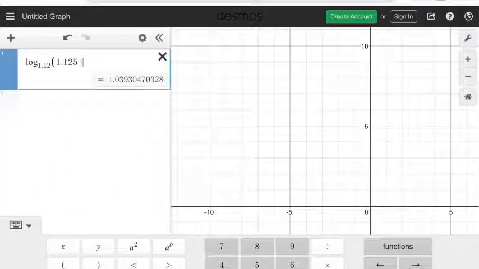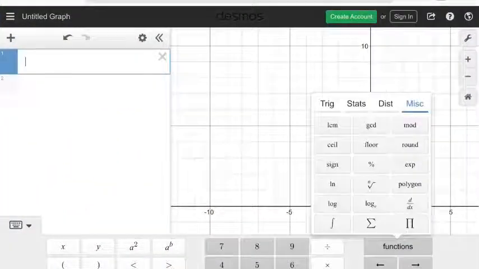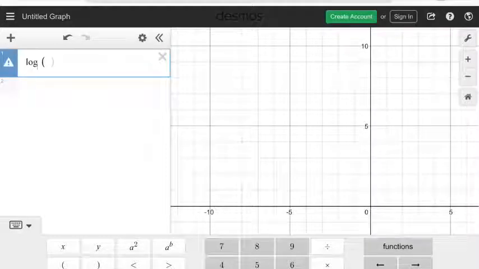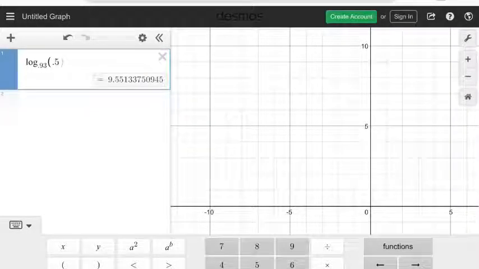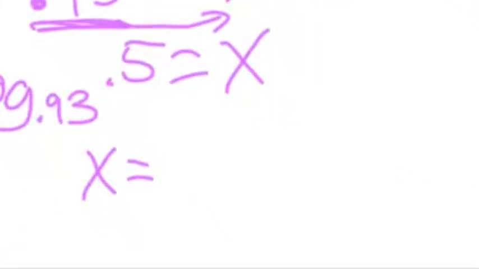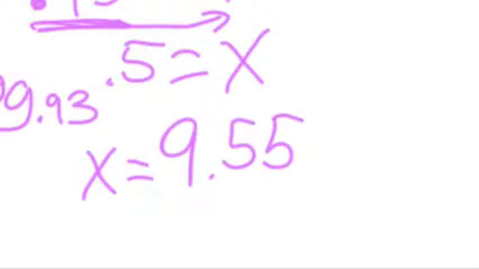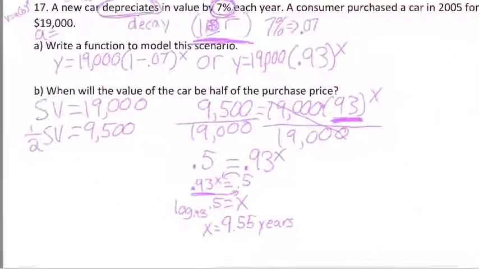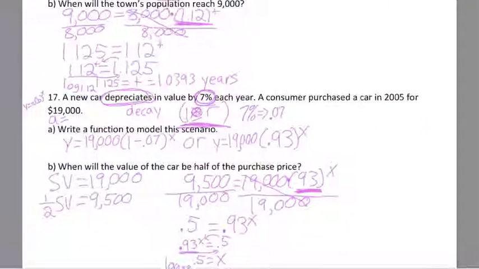So I'm going to go back to Desmos. I'm going to find my log A. My base is 0.93. Inside the parentheses, I have 0.5. So that's giving me 0.955. So that is the years. That is how long it will take. 0.955 years. And there are your answers for 17.